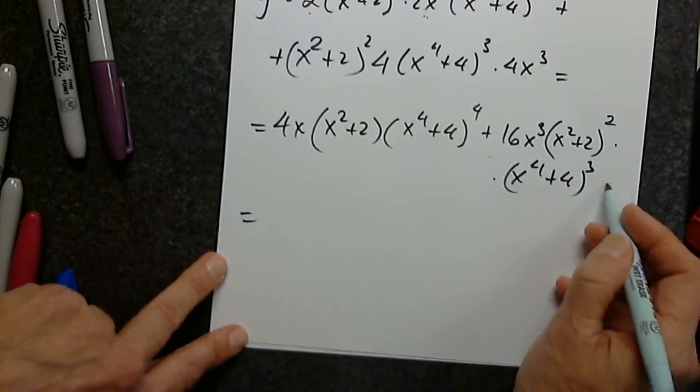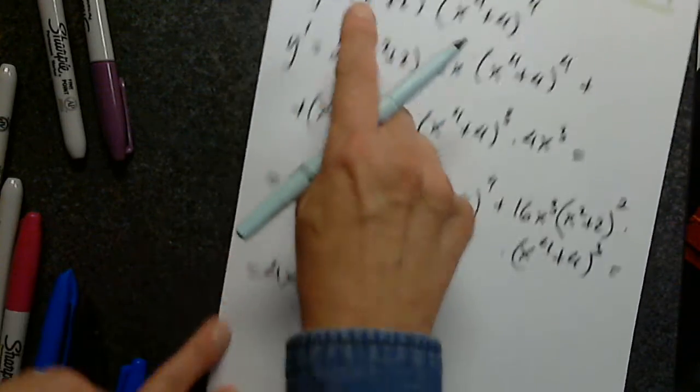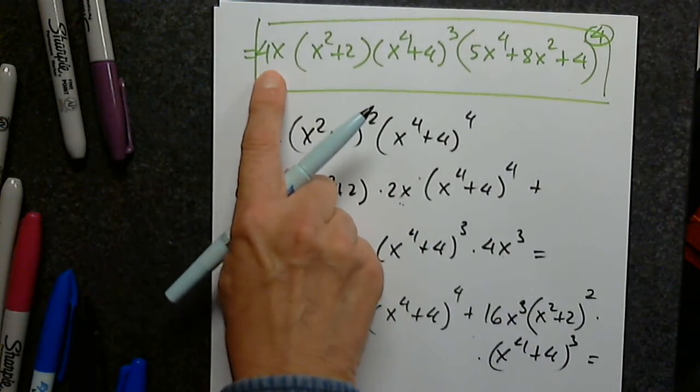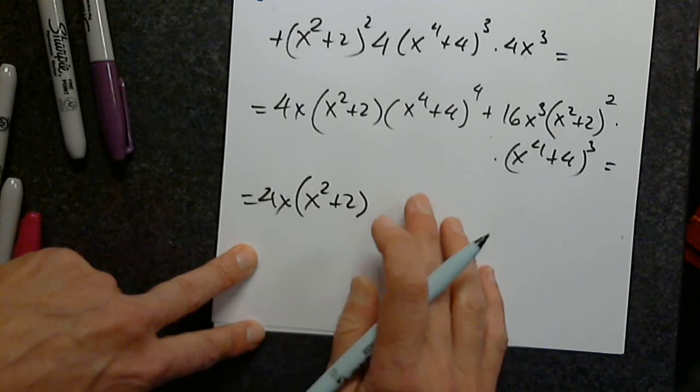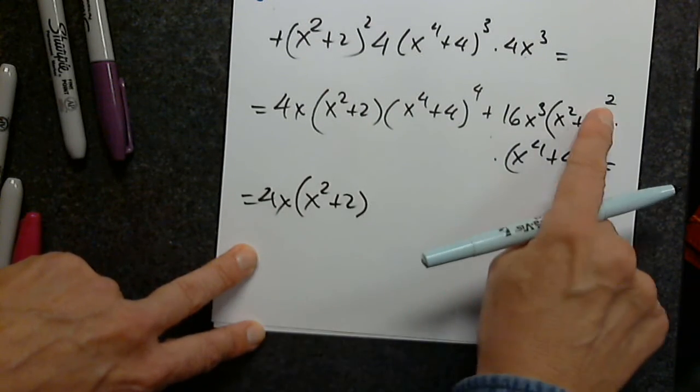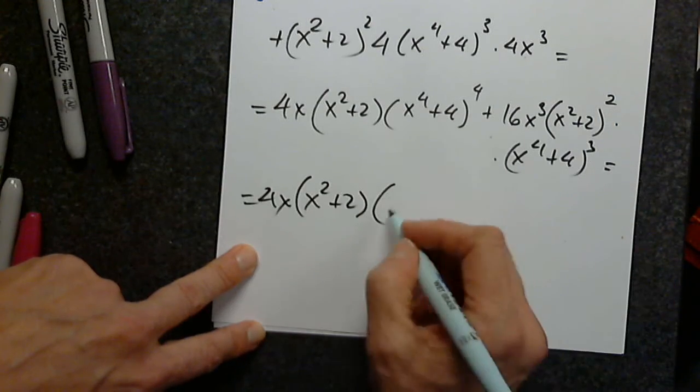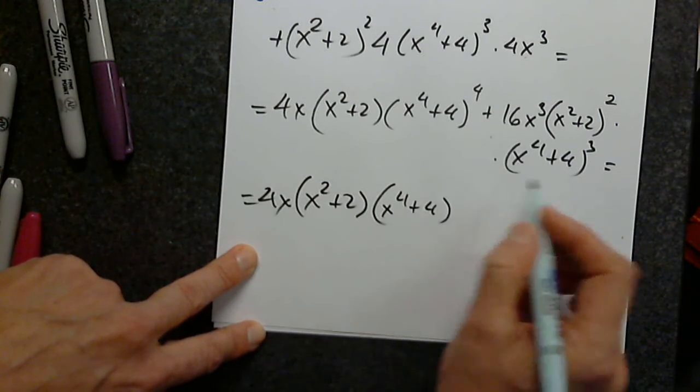So now I have to factor out 4x, one of the x squared plus 2 factors, and x to the fourth plus 4 to the third power.